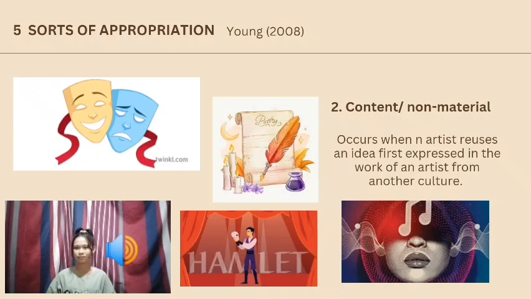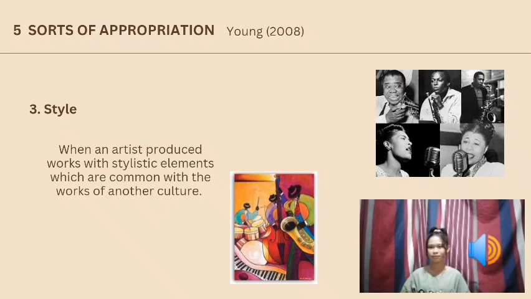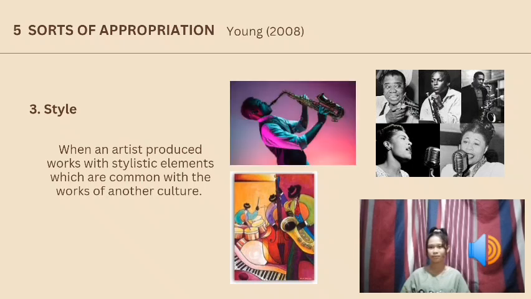And the third one is the style. The third appropriation is the style or the stylistic appropriation. In this appropriation, something less than an entire expression of an artist's idea can be appropriated. Sometimes artists do not reproduce works produced by another culture, but still take something from that other culture.